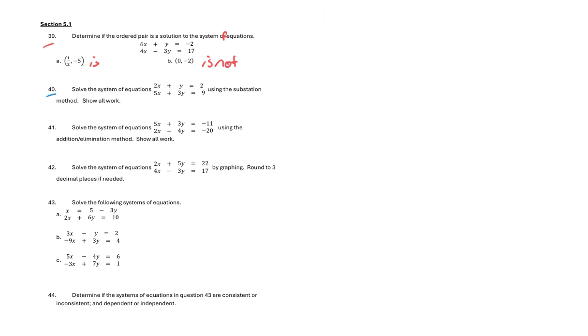40. Solve the system of equations using the substitution method. Show all work. So we have 2x plus y is equal to 2. I'm going to solve for y first by subtracting 2x from both sides. We'll then plug it into the other equation.